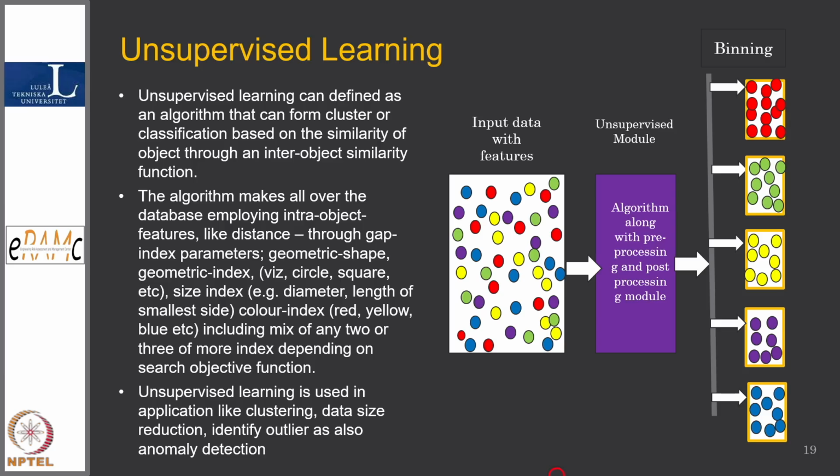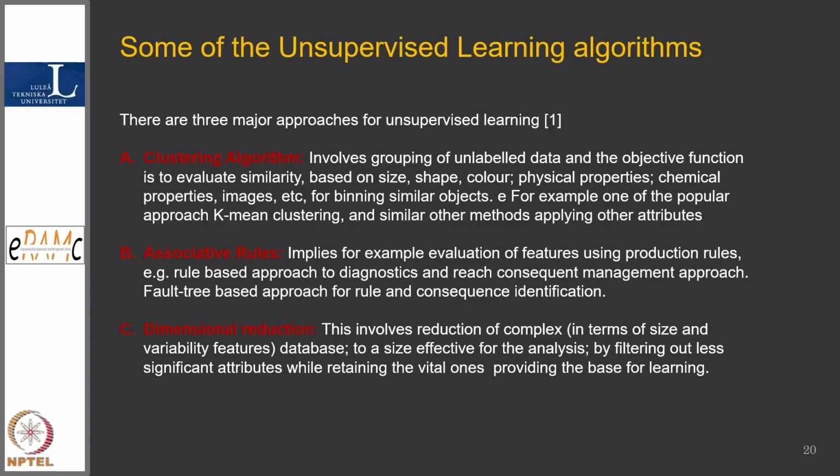So at the end of the day, unsupervised learning is used for clustering, data size reduction, identifying outliers as well as anomalies. Now the unsupervised learning algorithms: cluster algorithm, and then there are three: associative rules and dimensional reduction. Okay.